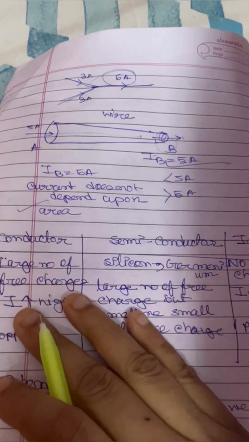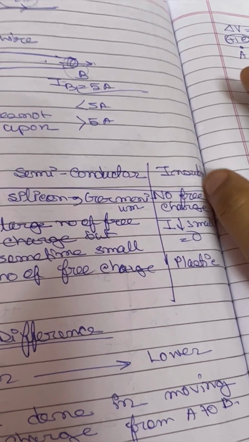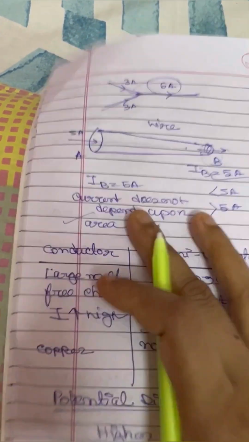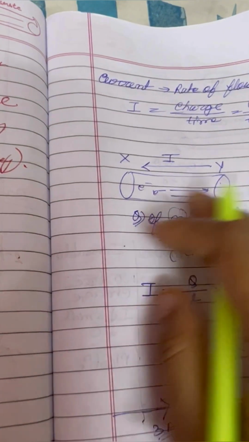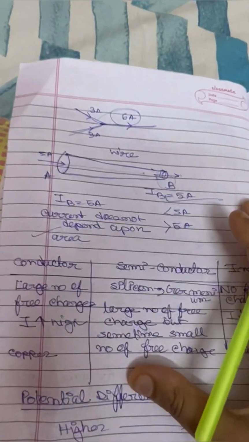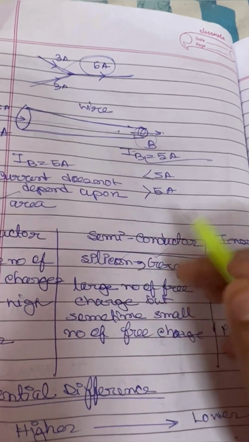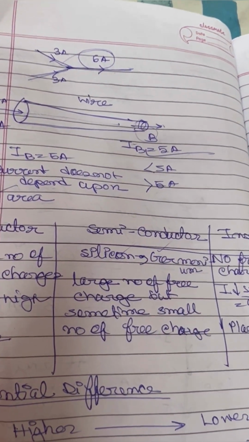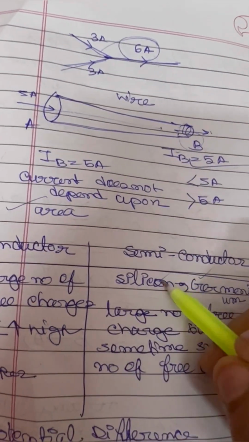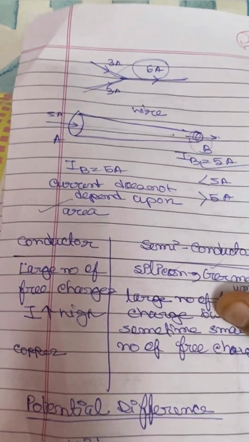So now conductor, semiconductor and insulator. We know in an insulator no free charge is there, but in a conductor a large number of free charges are there. Free charges are going in this direction, that's why current is going in the opposite direction. In semiconductors like silicon and germanium, sometimes a large number of free charges are present, but sometimes a small number of free charges are there.